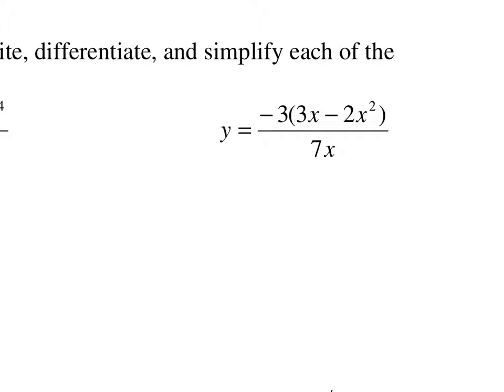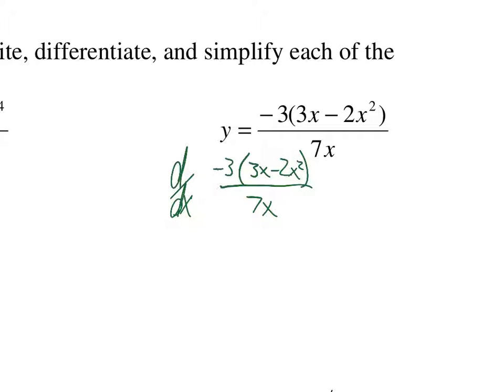If I'm taking the derivative of negative 3 times 3x minus 2x squared all over 7x, I can see this as something times negative 3/7.